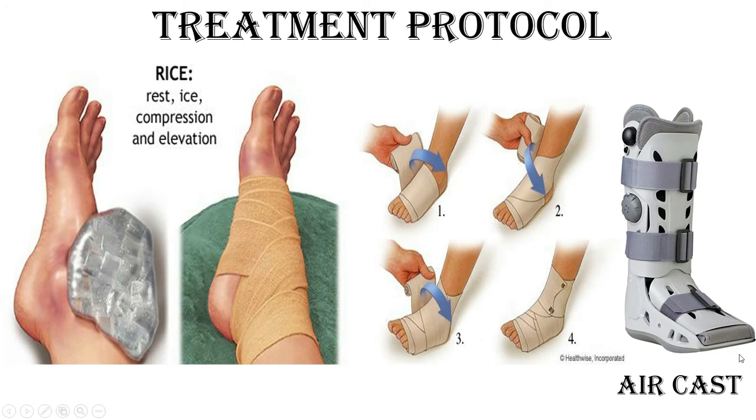This is called an air cast. It is not a plaster, it is plastic along with foam and bandage, that will transfer the weight from this foot over this leg without giving any pressure over this ankle area. This is called an air cast. This is very costly, near about 5,000.